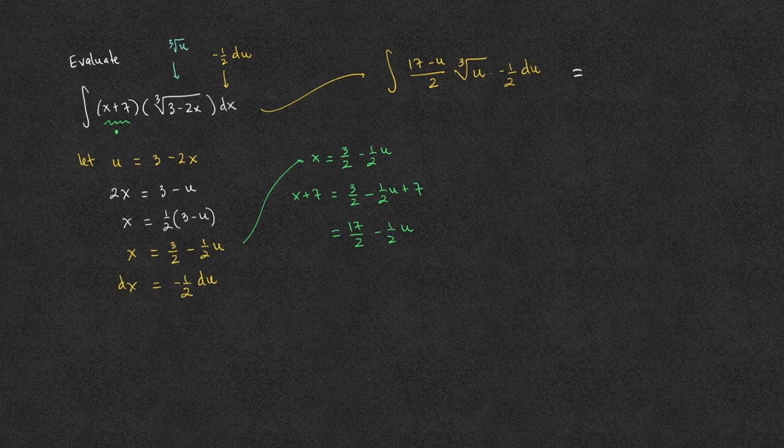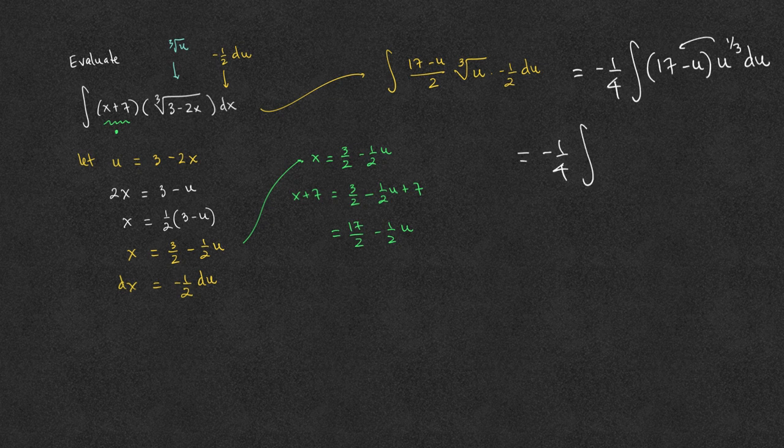The constant multiples combined are 1/2 and negative 1/2, so we bring negative 1 over 4 to the front. We still have 17 minus u, and we rewrite the cube root of u as u to the 1/3 power du. To use the power rule, we would need to rewrite this.